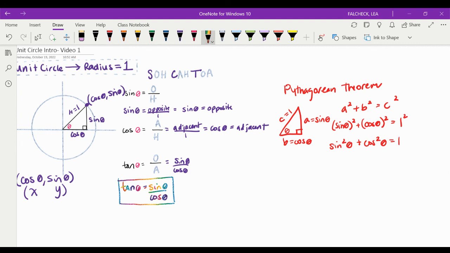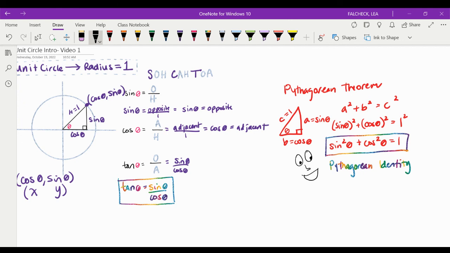And this is a big, awesome Pythagorean identity. And we are going to use it so much. So make this something that draws your eyeballs to it, because you're going to be using it a lot. Whoa, very exciting.